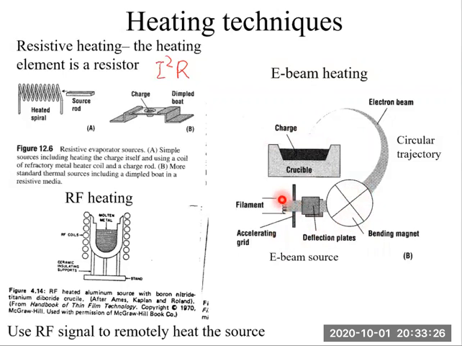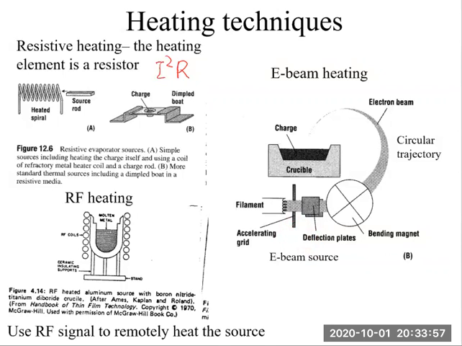First, this filament is an electron beam source. It can generate electrons, and the electrons are extracted and accelerated by this accelerating grid. So we apply a positive voltage to this grid to extract and accelerate electrons.